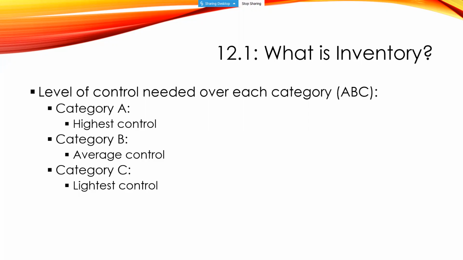Category B, not so high in number, but lower in cost per unit. And for an auto dealership, maybe this is things like parts. Some of the more expensive car parts, like your alternators, cost quite a bit to obtain.